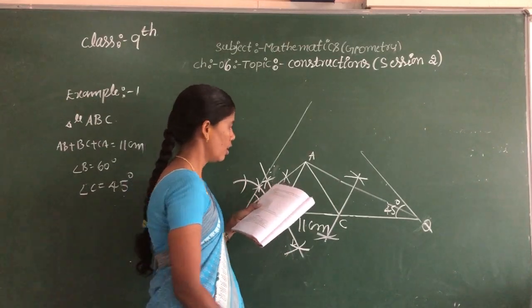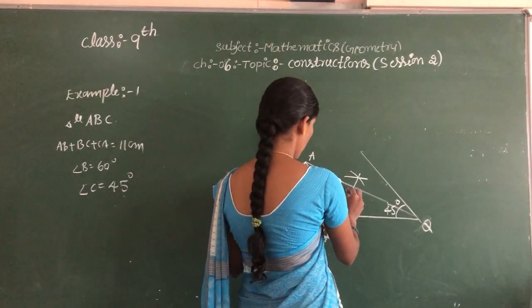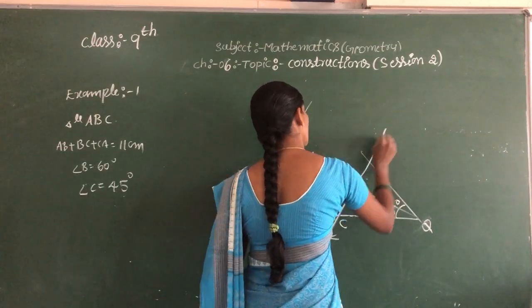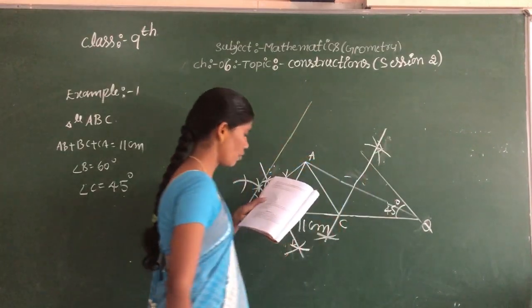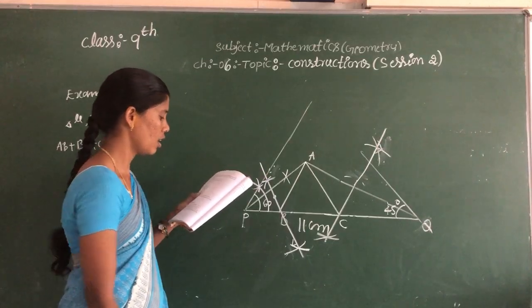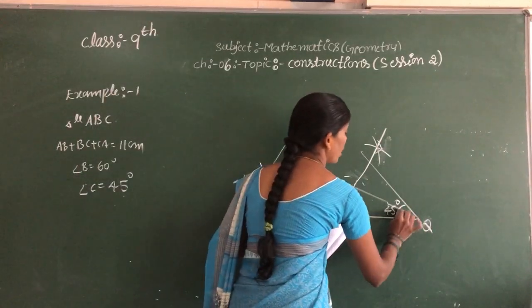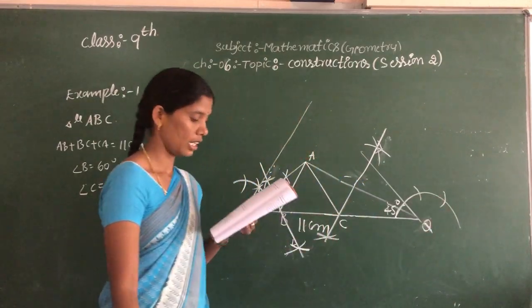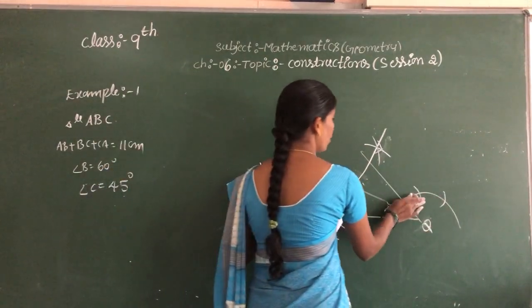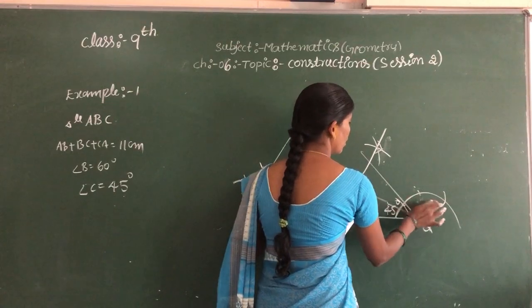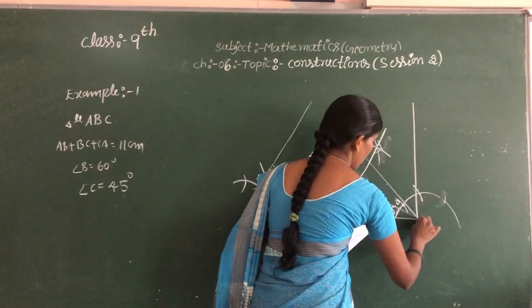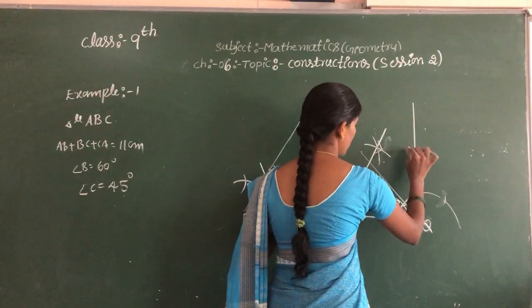Now next we should draw here one arc, that one arc. Now next we should cut one arc, means we should draw two arcs. Here one arc, here one arc. So we should draw one straight right angle. So you should cut.